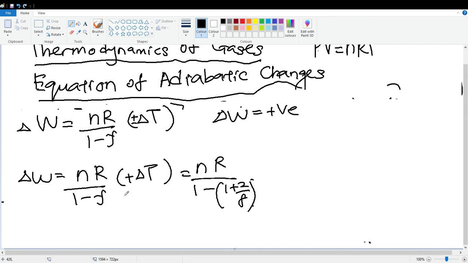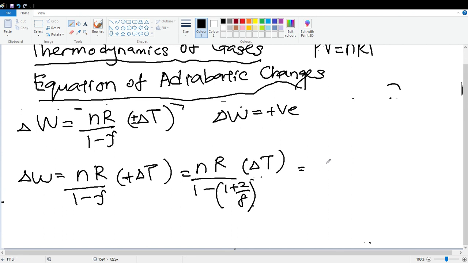From here I can say that there is an increase in temperature, and here we have delta T and 1 minus 1 as well, same as just now. 1 minus 1 is 0 and this one is moved to the upper part.